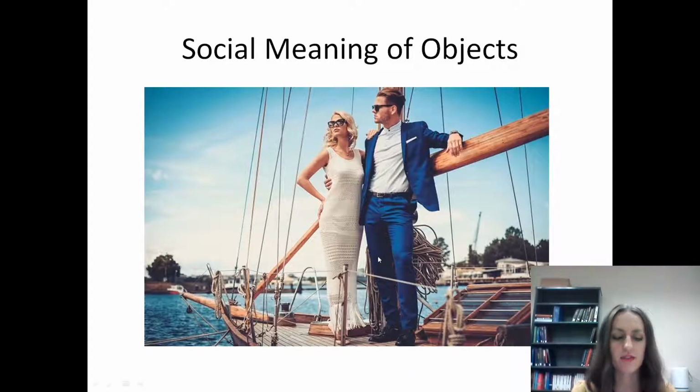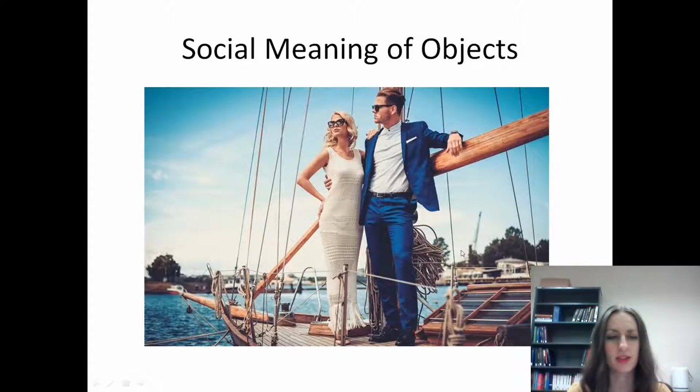Here we have two bodies that are communicating, so we can analyze them as bodies by their pose. Their pose is definitely communicating the way they look. But the objects in the image also help to communicate the message too. So objects like the sunglasses, the clothing, the suit this man is wearing, the white dress this woman is wearing, and I would say most importantly, this yacht, right?